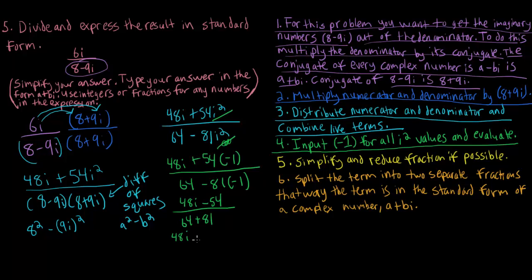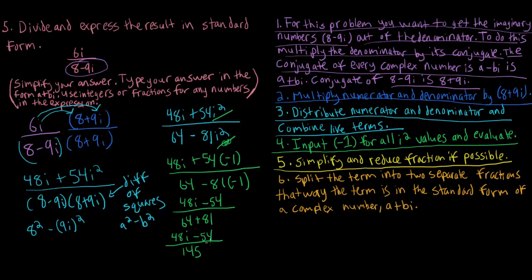If we keep simplifying that, we have 48i minus 54, and then 64 plus 81 is 145. And then right here, we need to simplify and reduce the fraction if possible.